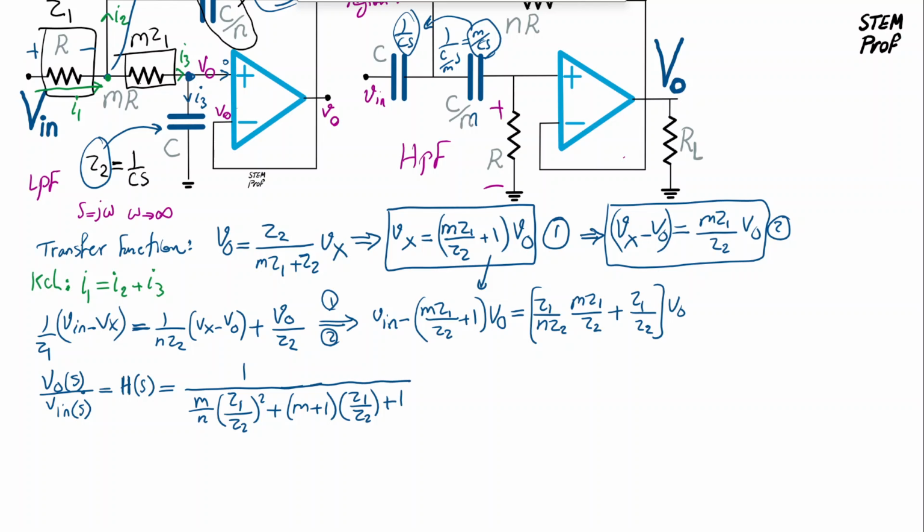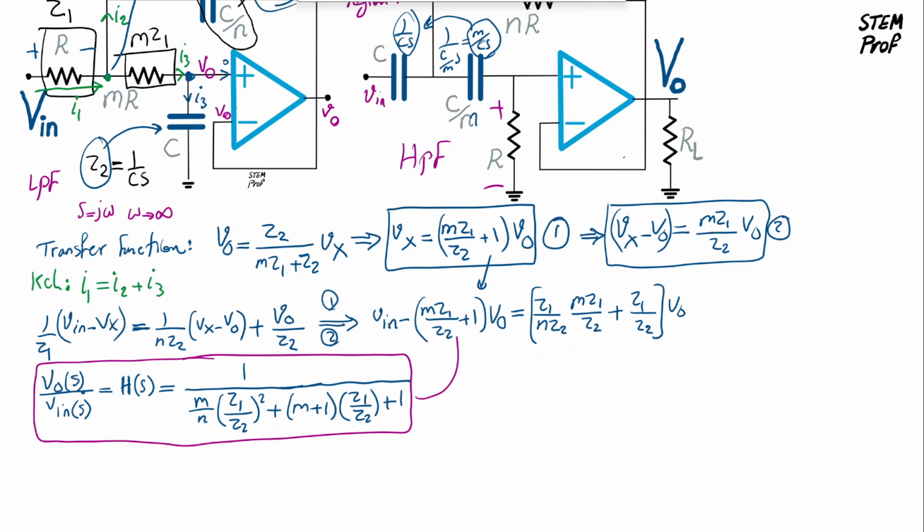So the nice thing about this transfer function now is we can just substitute, and actually we can now extract both topologies 1 and 2 from this transfer function.